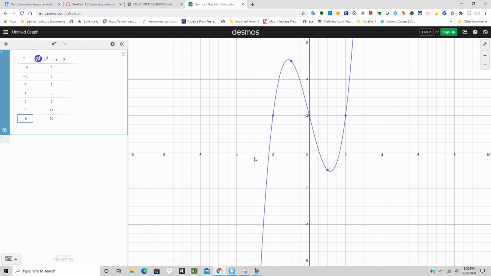So they might have chosen -3, -2.9, -2.8, all the way up to -2, and then kind of got it down a little bit further and said, well, I know it's going to be between -2.3 and -2.2. And then they keep on interpreting that data until it gets more accurate.